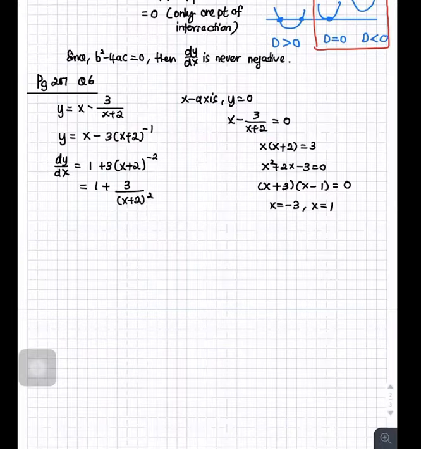Okay. So looks like I'm going to get 2 different gradients now because we have 2 different x values. Based on what Isabel read, the function crosses the x-axis, so there are 2 x-intercepts now.